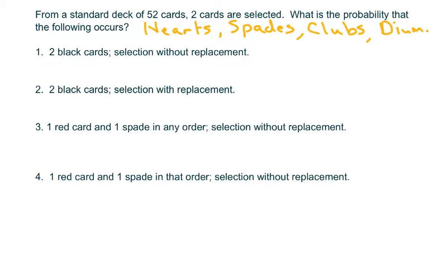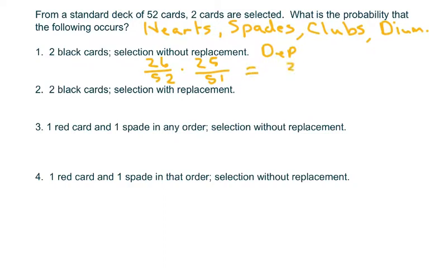So we want to select 2 black cards without replacement. So this one's pretty easy. Out of the 52 cards, half of them are black. So that's 26 out of 52. Now we don't put the one we drew back in, so we get 25 are left. And it's 51. Remember, without replacement is dependent, and our denominator changes.